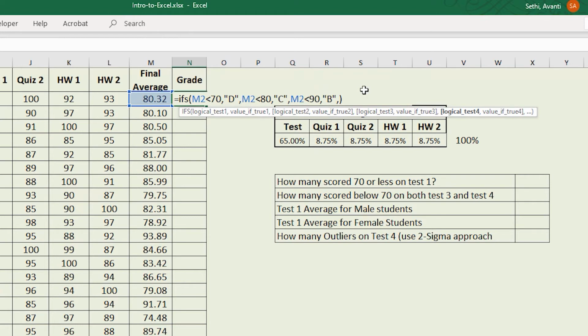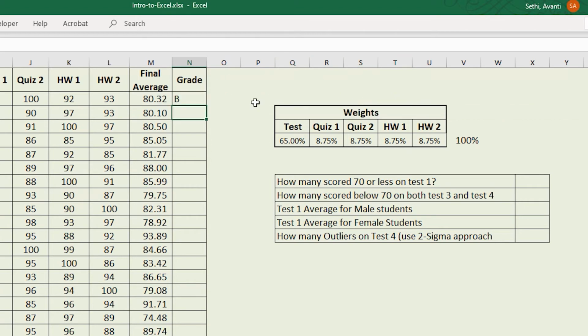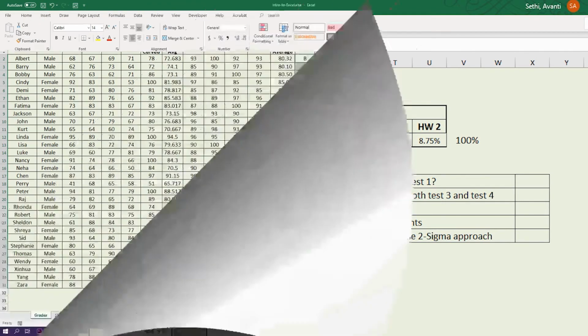A. So if M2 is greater than or equal to 90, you get an A. And there we are, a B, and we can copy down.